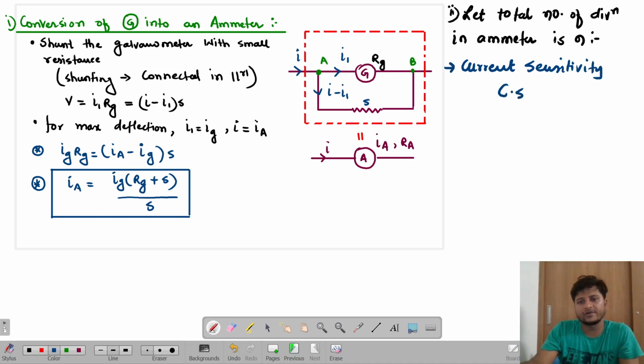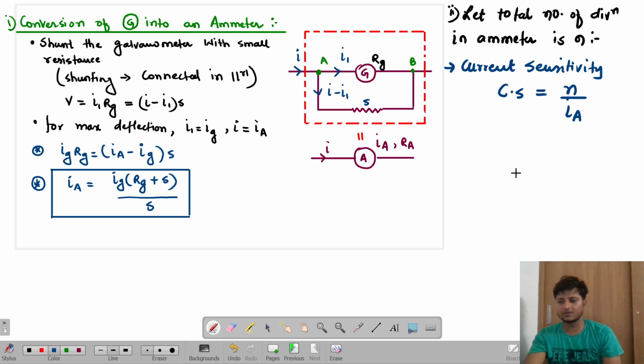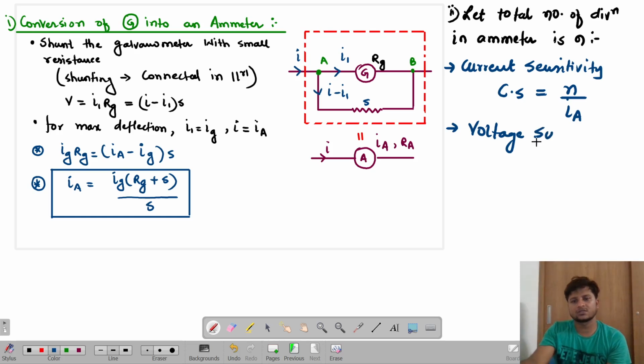So current sensitivity CS is equal to the number of divisions divided by the maximum current. As the ammeter does not have a voltage, we can't calculate the voltage now, but we can have the voltage sensitivity also.